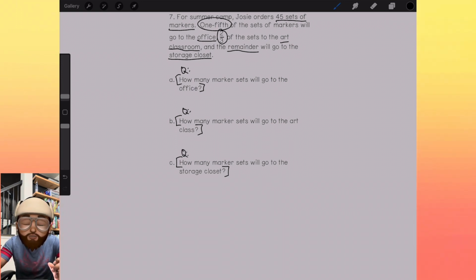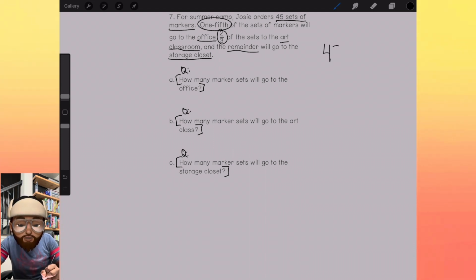All right, so let's go ahead and get our numbers and our full numbers. So what we have is 45 sets of markers in total. So I'm going to write that down right over here. We know that 1/5 of that 45 is going to the office.